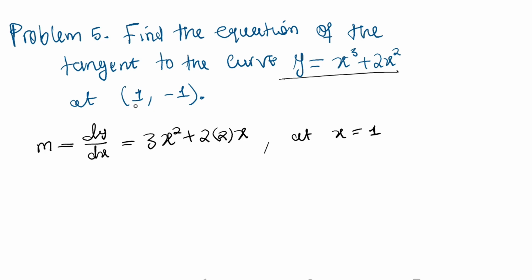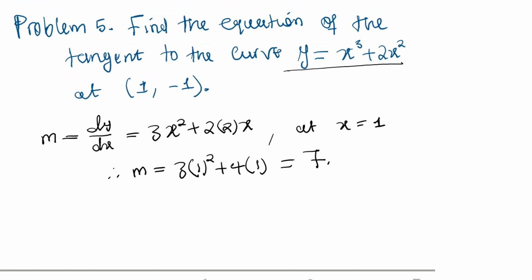Because we have 1 comma negative 1. So therefore, the gradient m is equal to 3 multiplied by 1 squared plus 4 multiplied by 1. And this is just 7. So we have the gradient, which is 7.